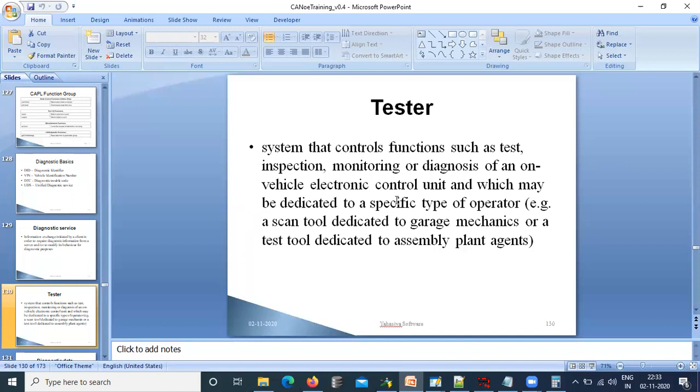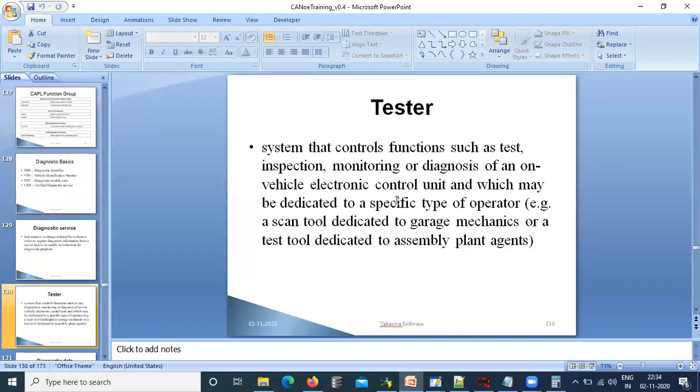Some can be read in the default diagnostic session, some in the programming session, some in the extended diagnostic session. The programming session is primarily used for programming, the extended diagnostic session is used for calibration and writing something to memory, and the default session is used for self-test or something like that.